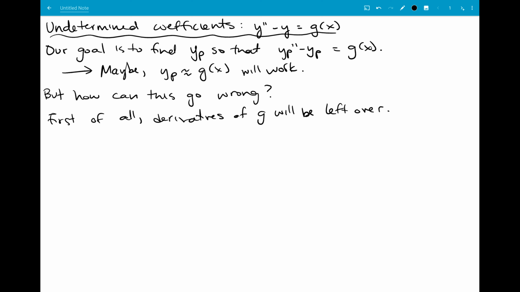So thinking about that same example again, if I've got my cosine 7x right there, and I plugged in, I think y sub p is cosine 7x, but when I take its derivative, oh, that's actually a bad example. Let's do x squared. Okay, so g was x squared. When I plug in my x squared right there for y sub p, eventually my y sub p double prime is going to be 2. And so I have this extra term right there that came from the derivative, and that's going to make it so that I can't match what's on the right side.